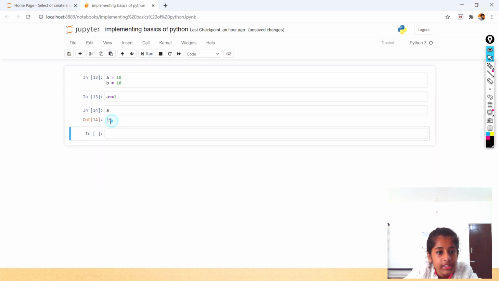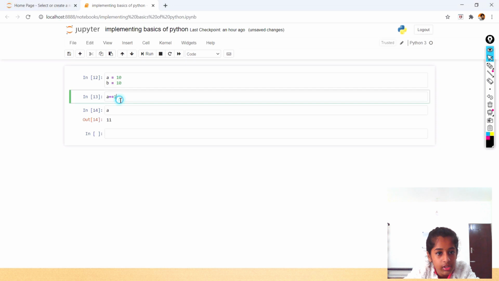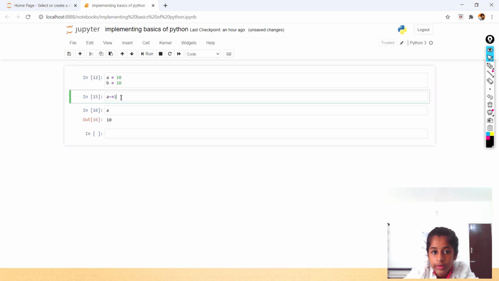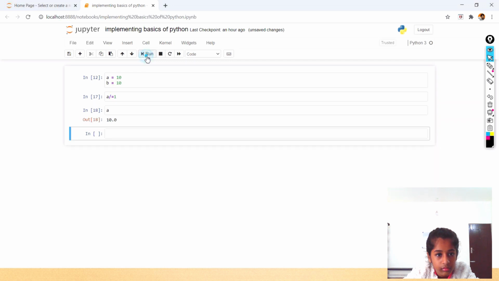Yeah, you can see it's 11 because what you meant here was A is equal to A plus 1. When you say minus, you're going to get 10, because we initialized the variable as 11 and now minus 1 is going to be 10. Let's say divided by 10.